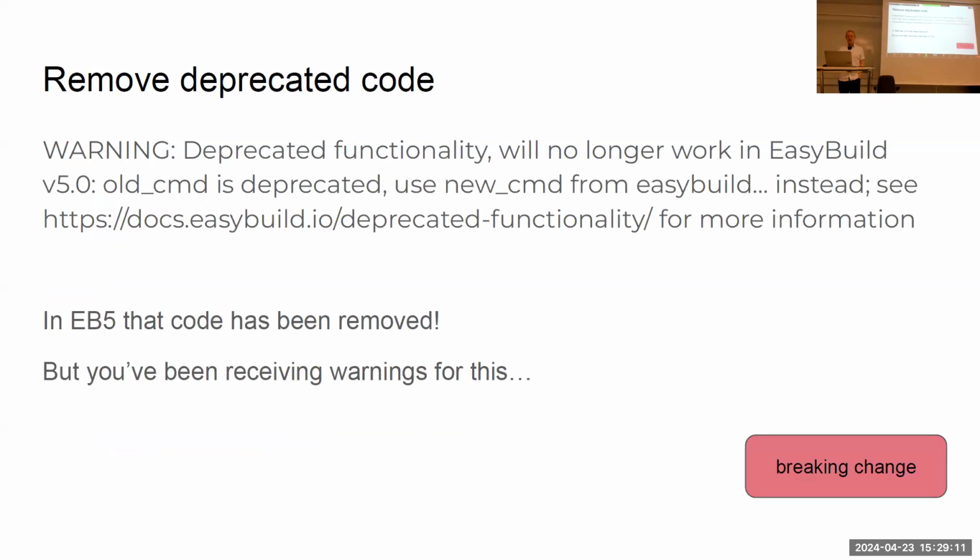Removed code: anything that you're running in EasyBuild 4.9.1, oh sorry, going back there, that is giving you that message, deprecated functionality will no longer work, and then tells you what the old command is, what the new command is, that code's gone. If you start running EasyBuild 5, code's gone. It will not work. It will just fail. That's such as the removed deprecated code. That's such as the Python 2 support.